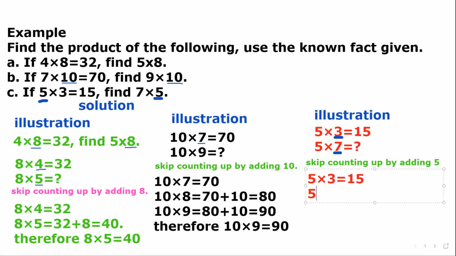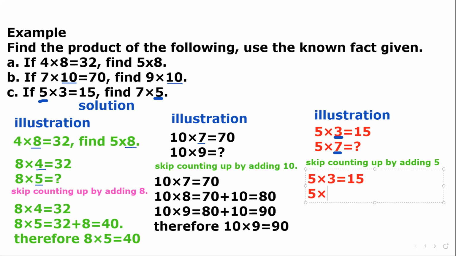Then 5 times, from the 3, when you skip by 1 from 3, you move on to 4, okay? Because we can't just jump from 3 to 7. You need to pass through all the necessary numbers after the 3.